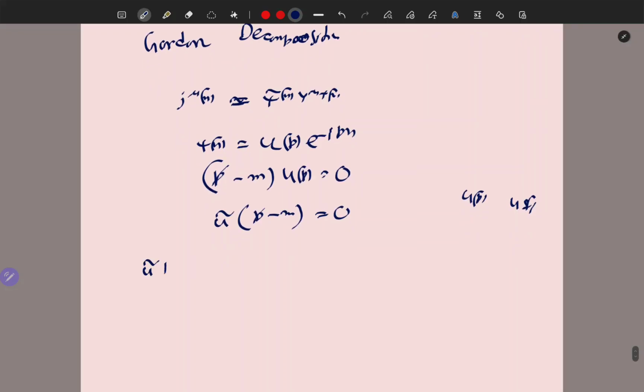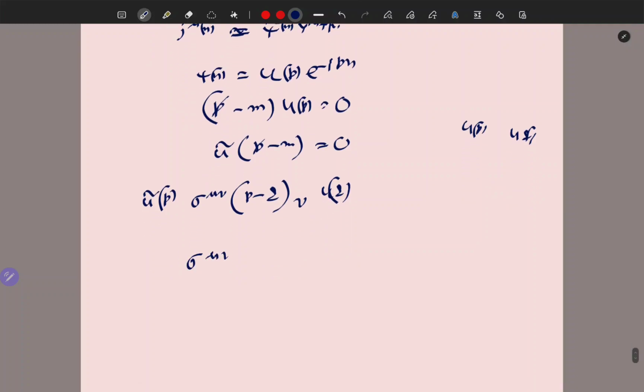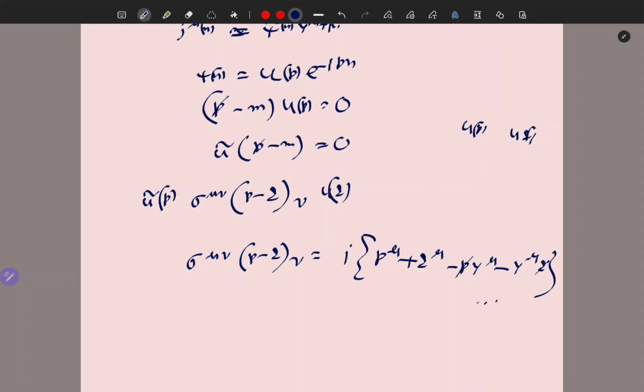Consider u tilde of p sigma mu nu p minus q u of q. Using equation 15 it can be shown that sigma mu nu p minus q nu equals i p mu plus q mu minus p slash gamma mu minus gamma mu q slash. This is equation 116.